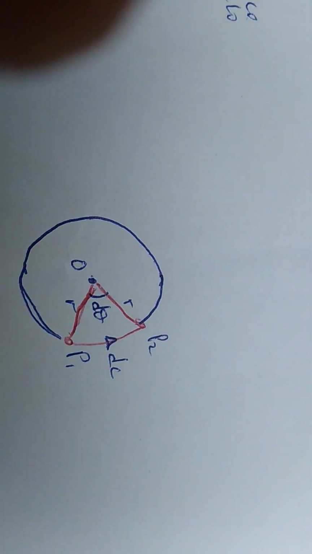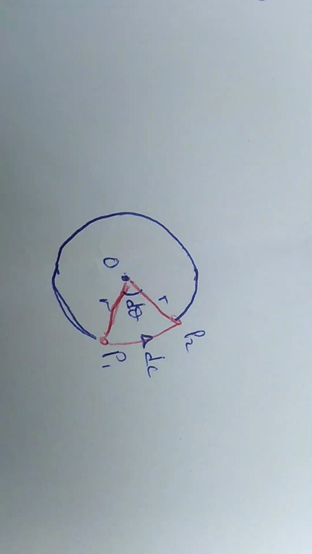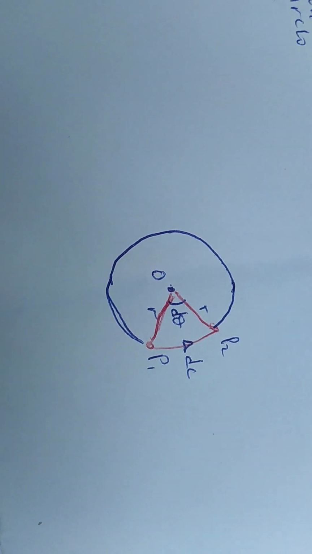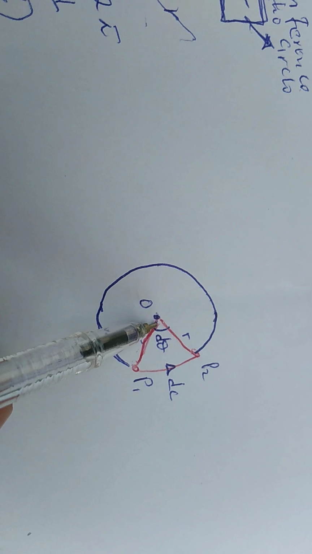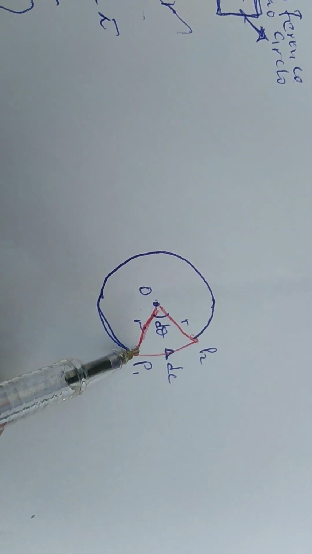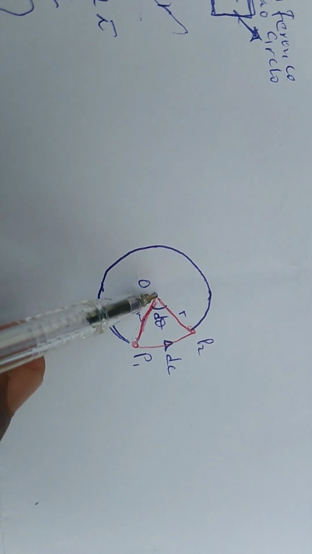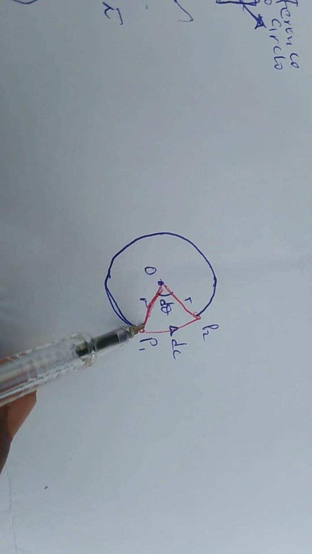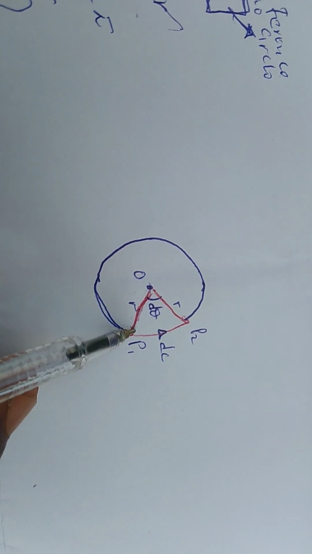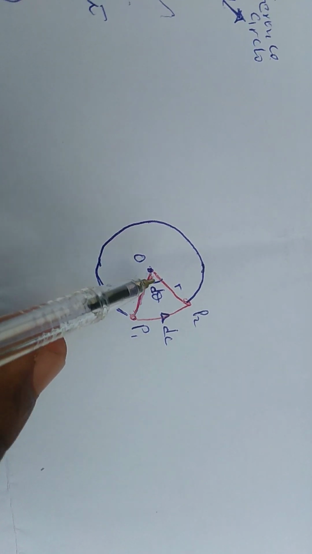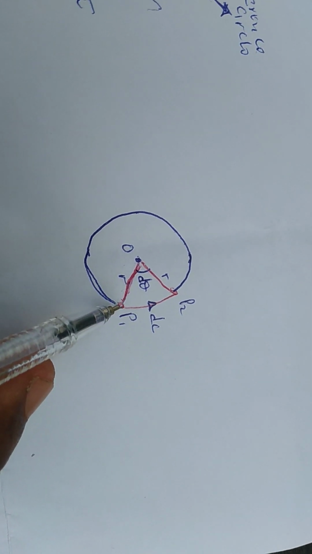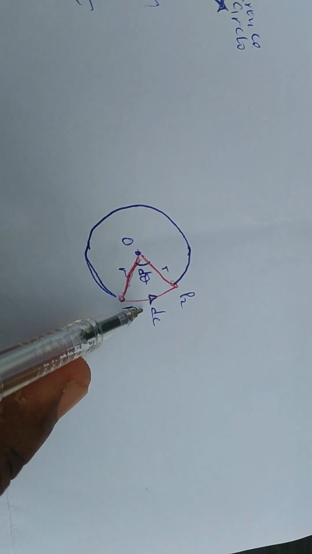The second one is how to derive the expression for the circumference of a circle. Now consider this radius of a circle at angle 0 degree. That means no movement; when the angle is 0 degree, the object has not shifted its position. The radius is at position P1 when the angle was 0. When the radius moves to position P2, it will describe an arc DC.